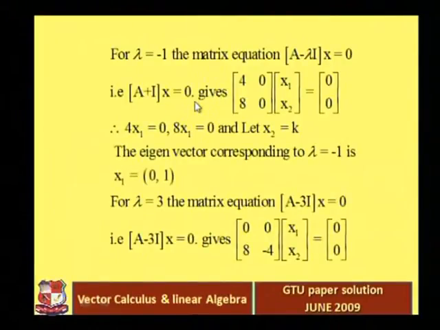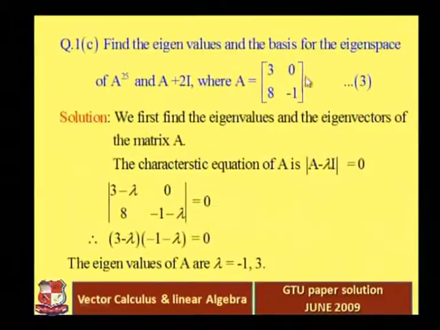What is our A? A is 3 0 8 minus 1, plus I means 1 0 0 1, the identity matrix. When you add these two matrices, we get 4 0 8 0.